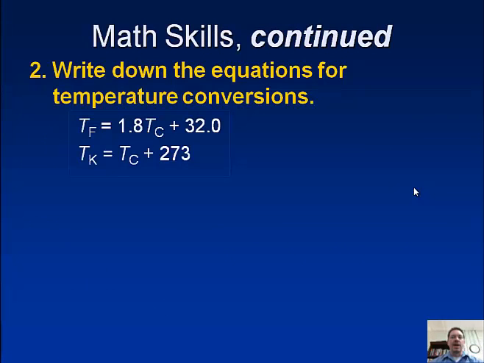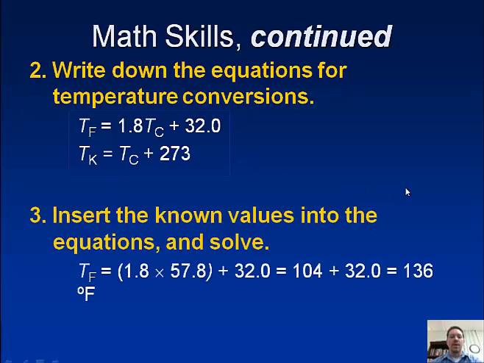So we're going to write down the conversion equation. To go from Celsius to Fahrenheit, we're going to use this top equation, and then once we're in Celsius, oh no, we're already in Celsius, sorry, we can use the second equation. Alright, so dealing with temperature Fahrenheit, 1.8 times the degrees Celsius, 57.8, adding 32 to that, we end up with 136.